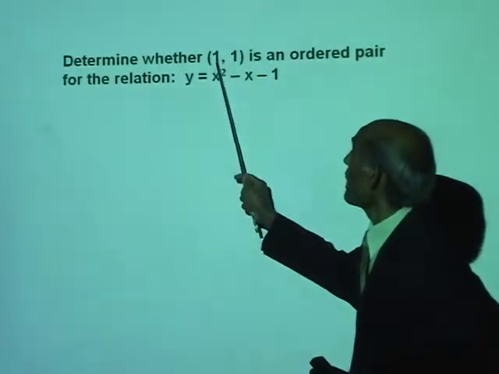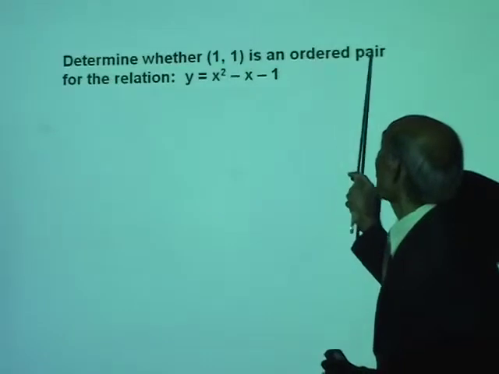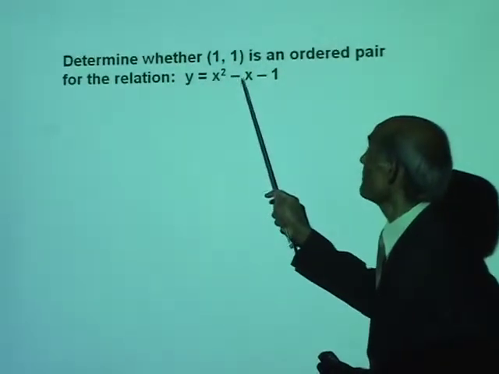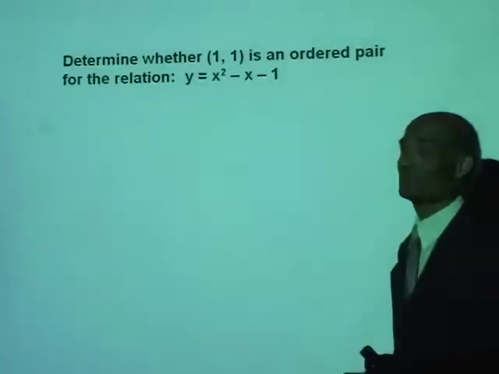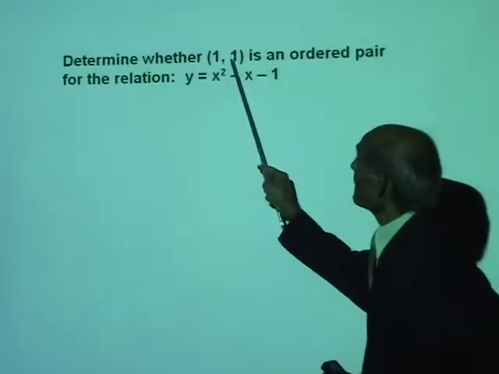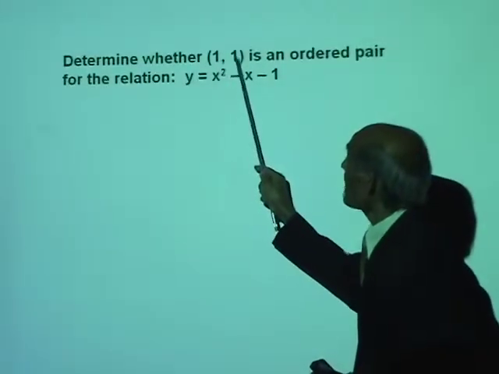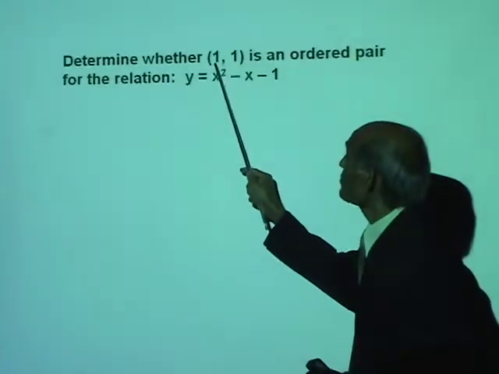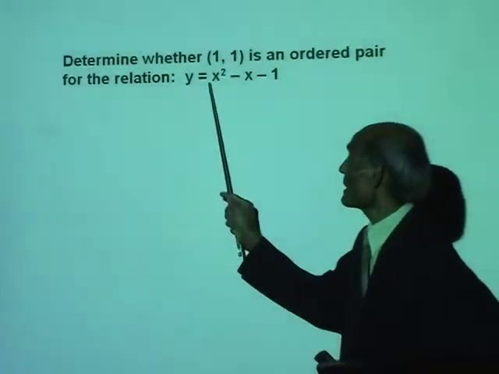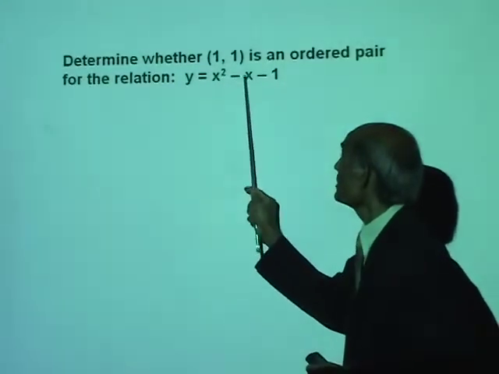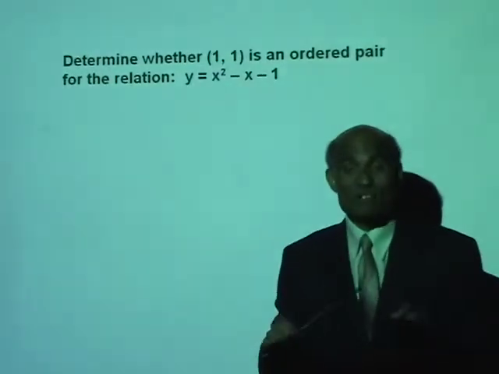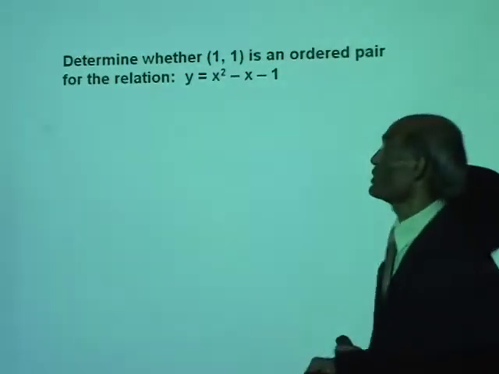Determine whether (1, 1) is an ordered pair for the relation y equal to x squared minus x minus 1. Alright, well, our ordered pair (1, 1) means when x equal to 1, y also equal to 1. So, replace your x by 1 in both cases and replace your y also by 1 and see if the relation remains good.